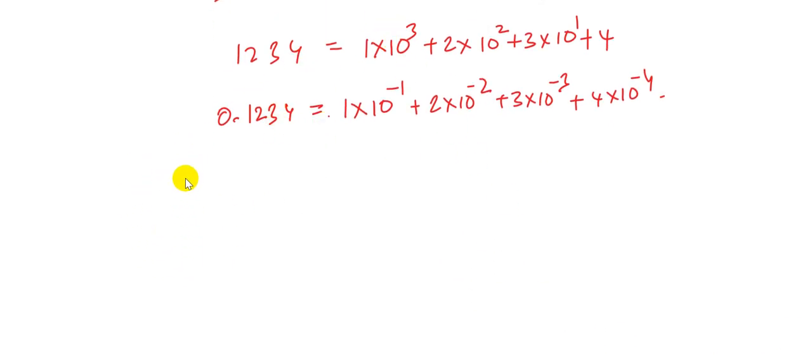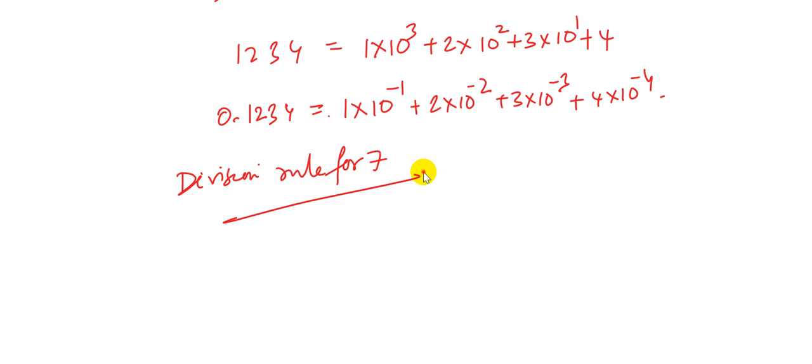And based on this, can you tell me the division rule for 7? Does anyone know this? Division rule for 7. For example, I'll give you a simple example so that you can test it out. 51 is not divisible by 7, right?